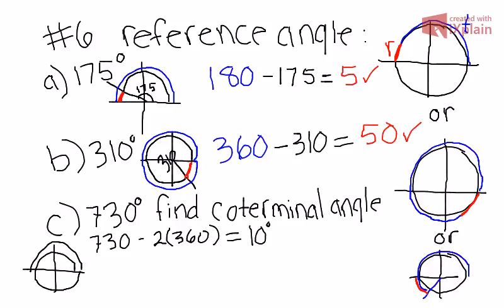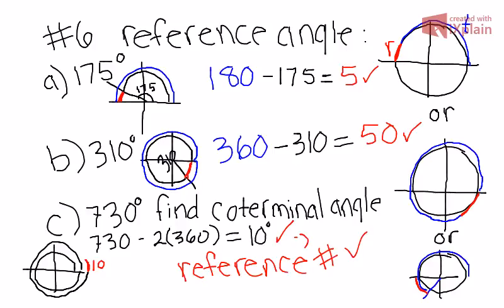So we went 360 there, and then we went 720 there, and then we have to go another 10 degrees, right, to get to 730. So 2 times around would be 720, and then we just have to go that extra 10 degrees to get to 730. And look at that.